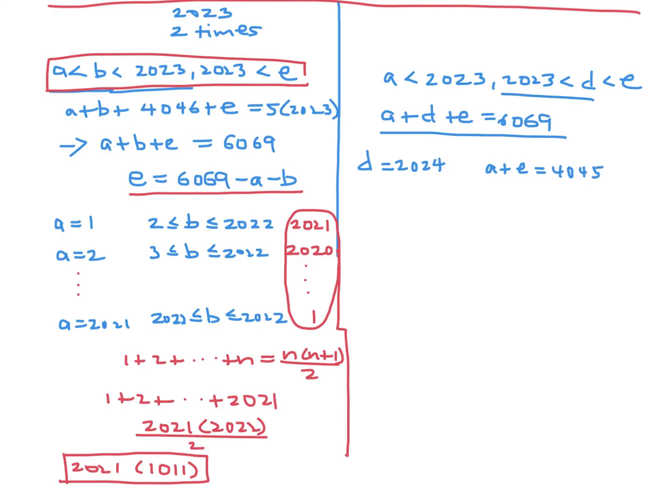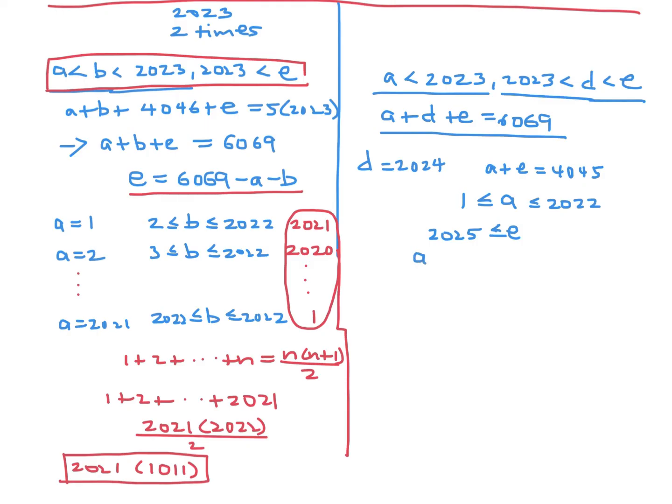And my A is anywhere between 1 and 2022 because it's got to hold that inequality true. And the E, therefore, is going to be greater than or equal to the D, which was 2024, so this has got to be 2025. Got it?